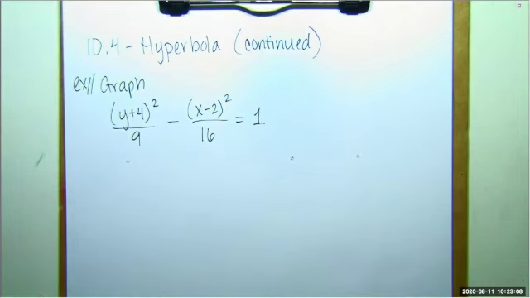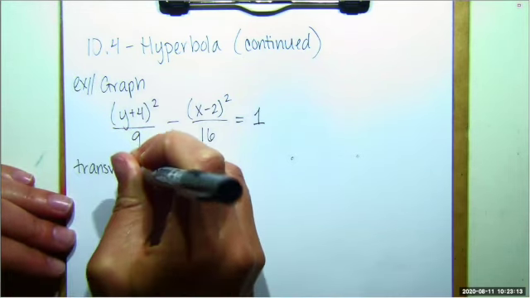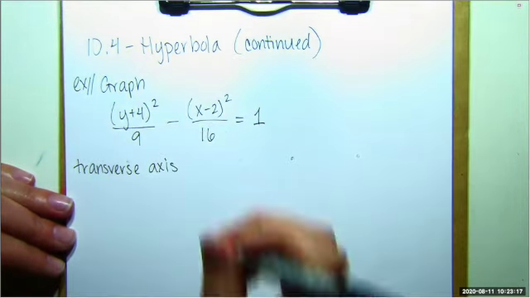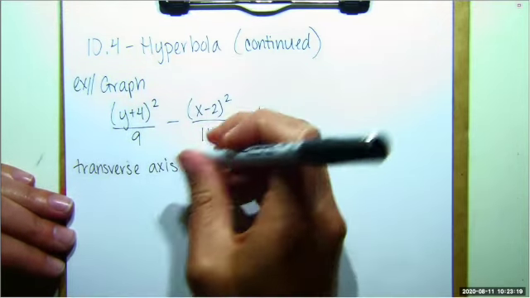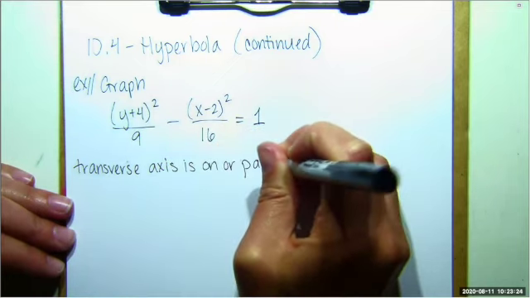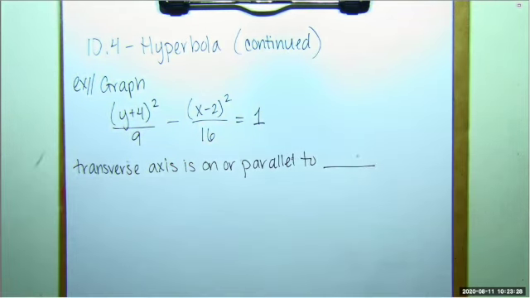All right, the first thing we should determine is where the transverse axis is. Remember, the transverse axis is the line through the center that contains the foci and the vertices. We want to determine if it's on or parallel to the x-axis or the y-axis.